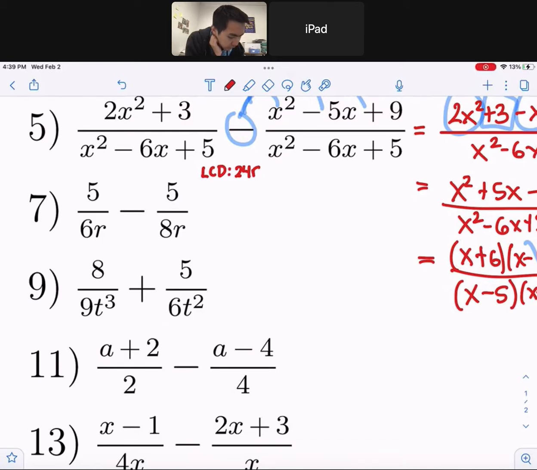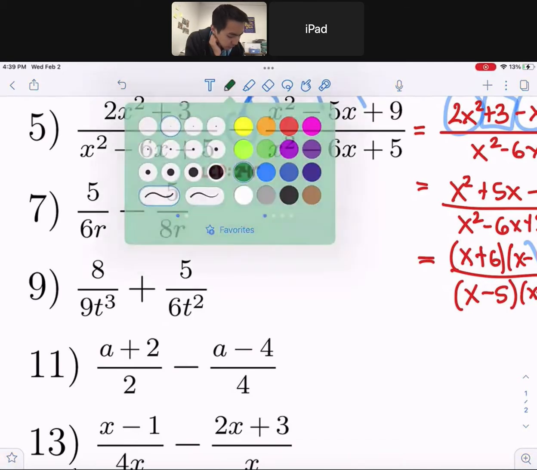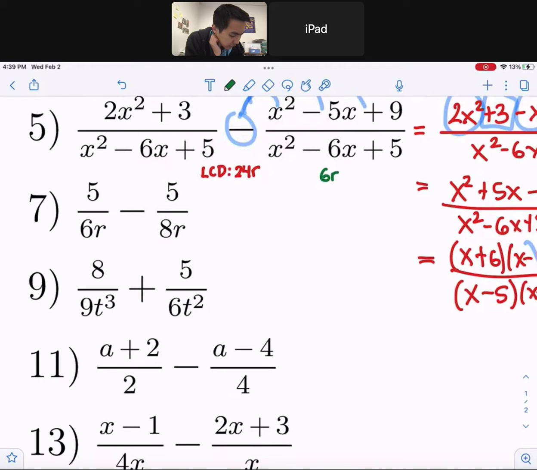Now, if you don't see it right away, another option you guys can do to find the LCD is you guys break both of these down. The 6 becomes 2 times 3, and the 8 becomes 2 times 4, and the 4 becomes 2 times 2.